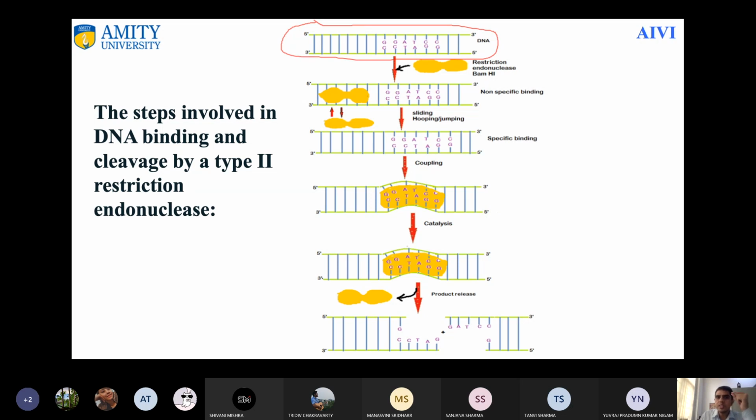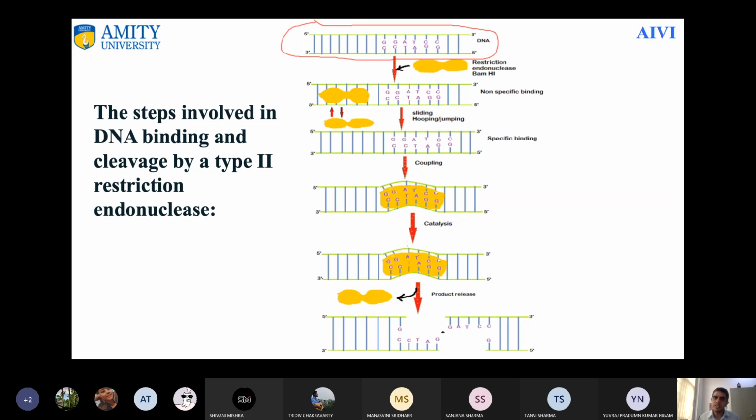So first it has to recognize where to go. First there is a non-specific recognition. Non-specific recognition means it has to recognize DNA. There is a DNA binding domain which is going to recognize just DNA, randomly, wherever in the DNA. So it is going to be non-specific. Once it is bound to DNA, it has to search for its site where it has to produce a cut. That is called the specific binding.